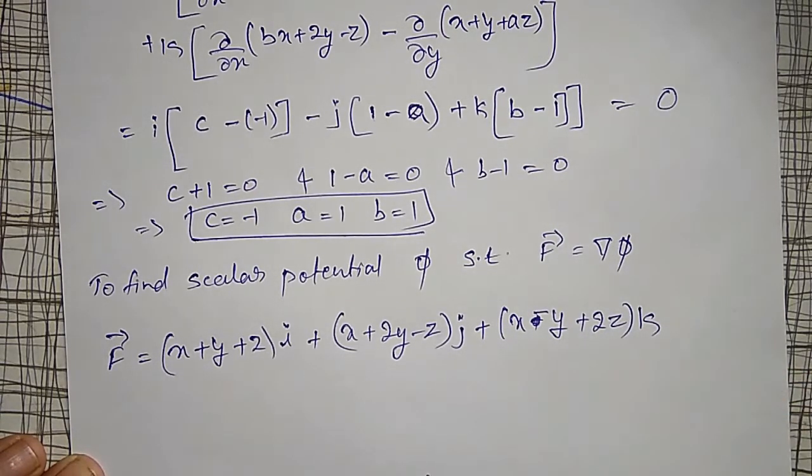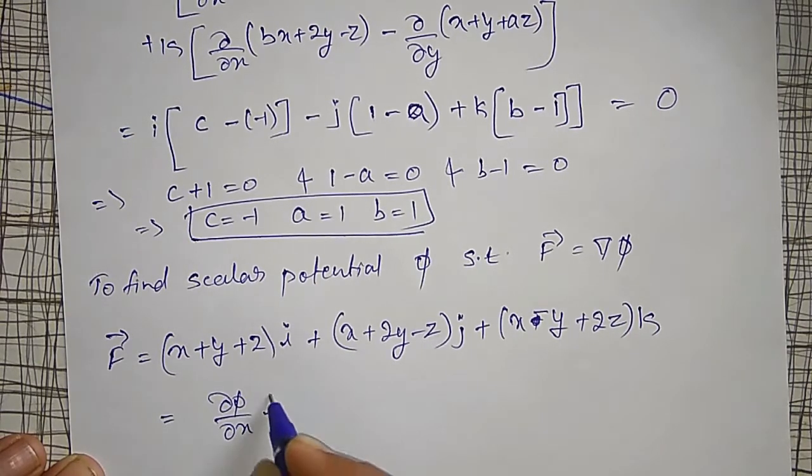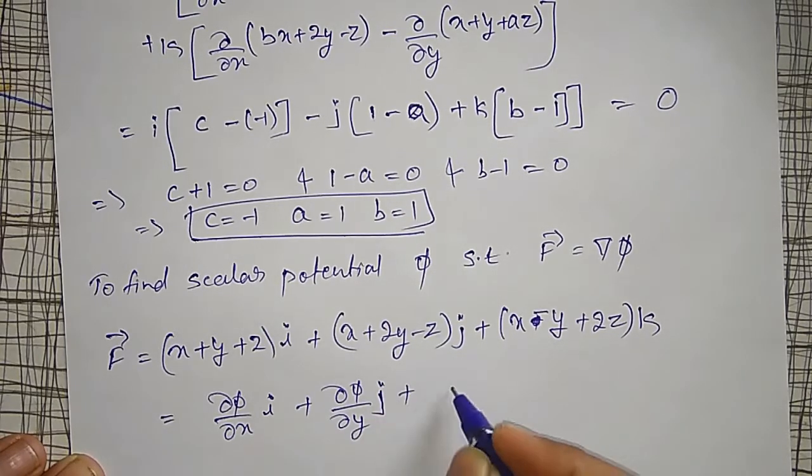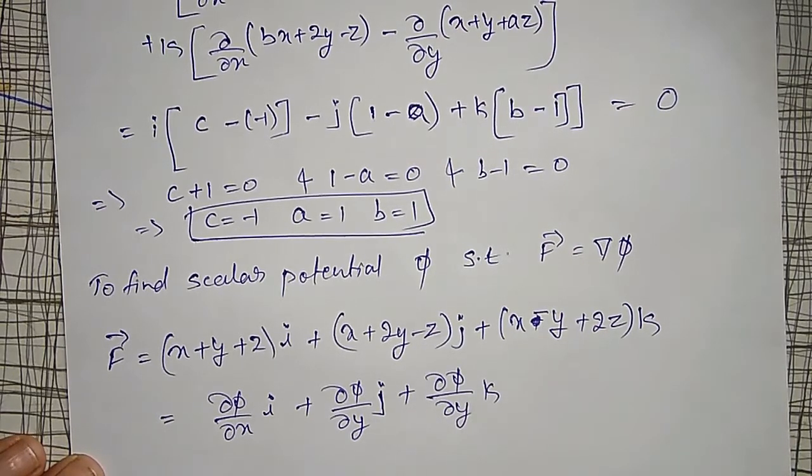This force must be equal to del phi. Del phi is defined by dou phi by dou x into i plus dou phi by dou y into j plus dou phi by dou z into k.